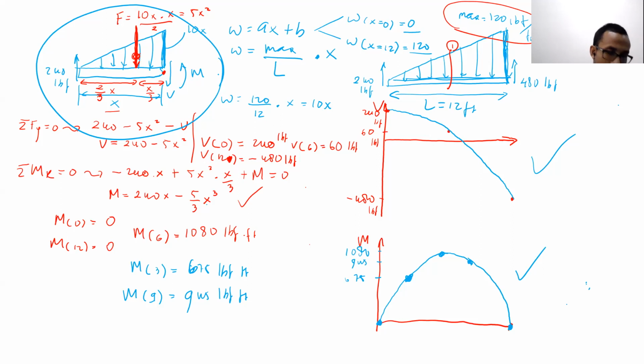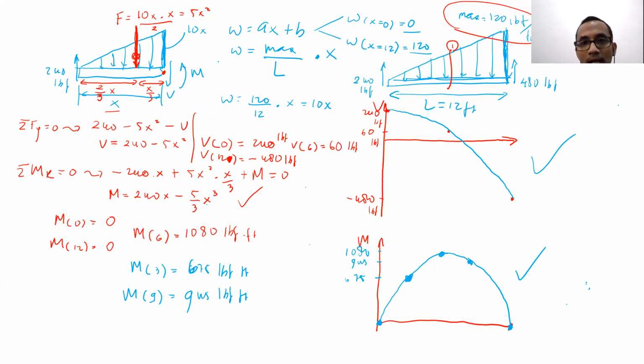When we draw it like that, we have to determine whether we analyze the left side of the cut or the right side of the cut. That's it, actually. We don't have to think about what force is supposed to be there.